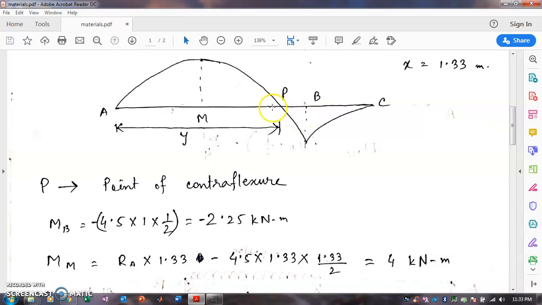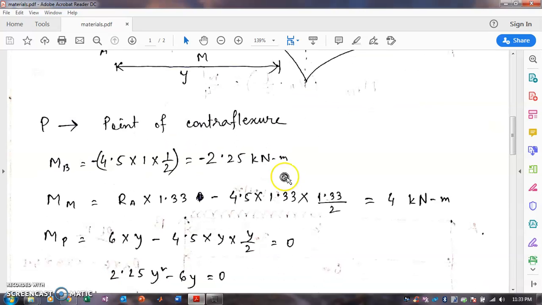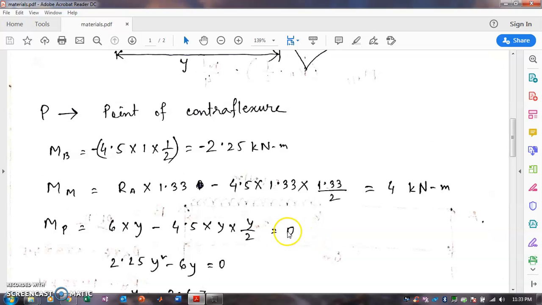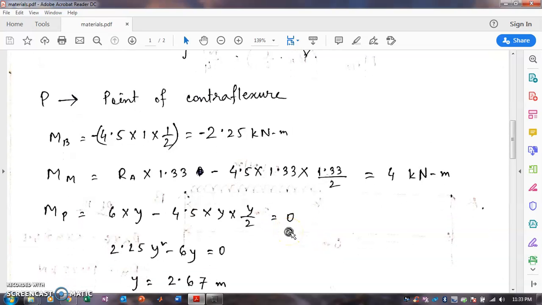And what will be the distance of the point of contraflexure from A? So we have taken this as y, and we need to calculate the bending moment at point P, and if we equate this expression to 0, then we can get the value of y.